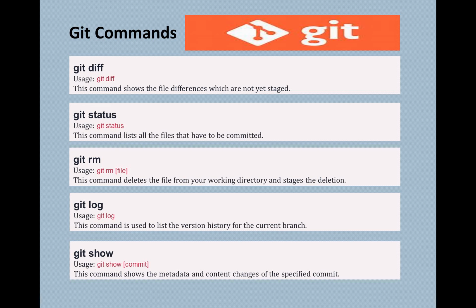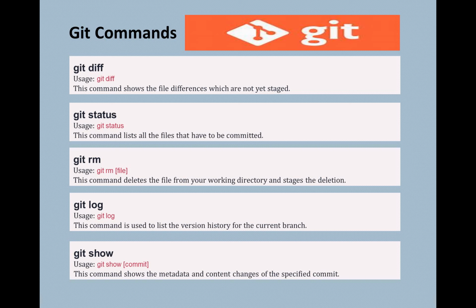Before committing, you can use this git status command. Git rm: usage is git rm, then you can mention the file name. This command deletes the file from your working directory and stages the deletion.